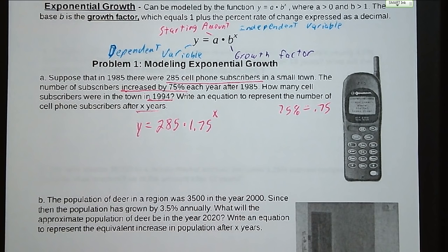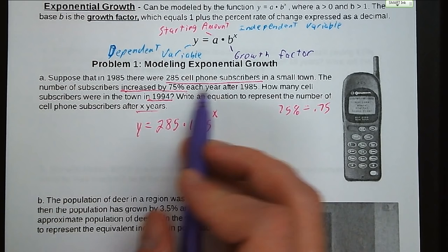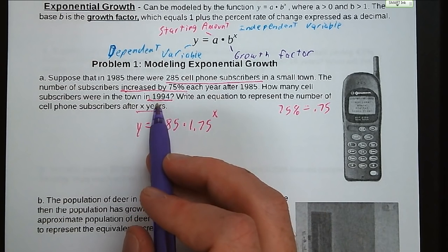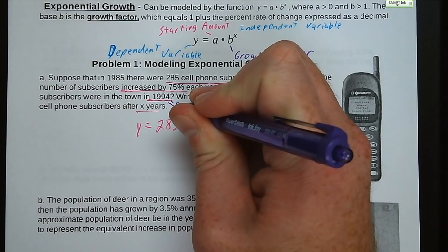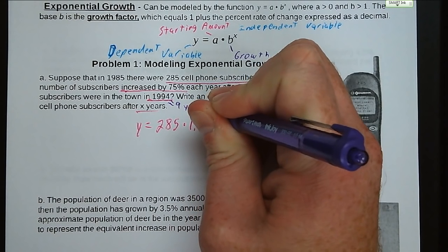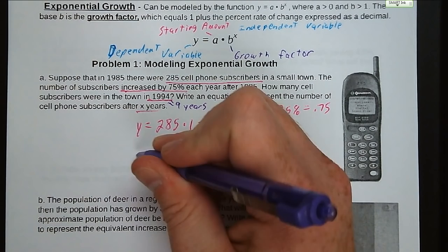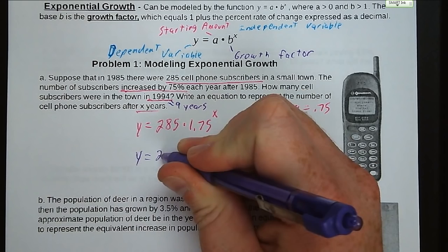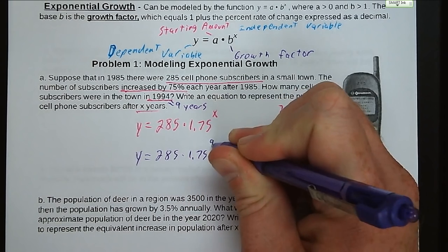So now we need to plug in our goal, which is 1994. Well, from 85 to 94, 9 years have passed. So that's going to equal 9 years. So we are subtracting. It's kind of like that water tank problem in a way. So y equals 285 times 1.75 to the 9th power.